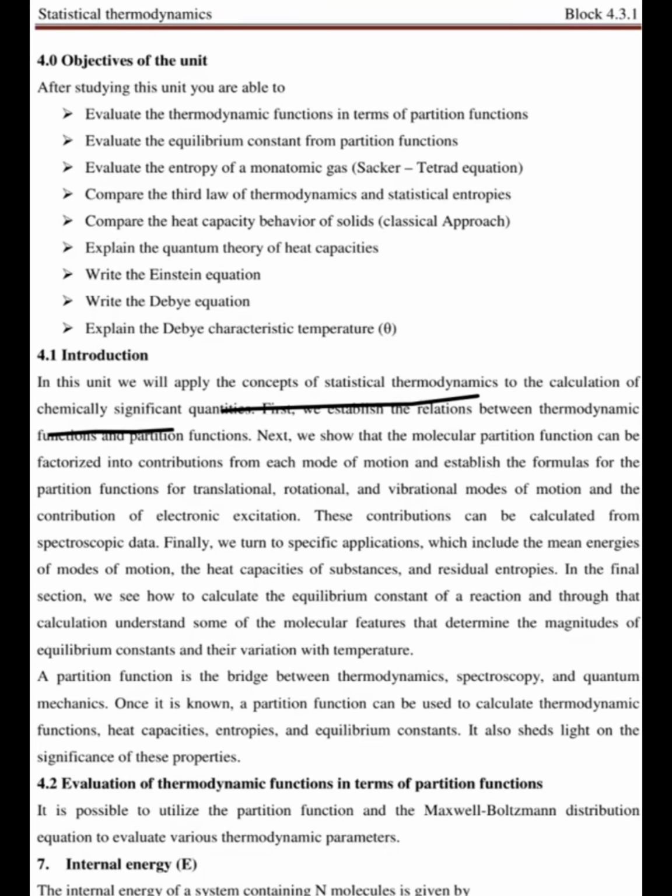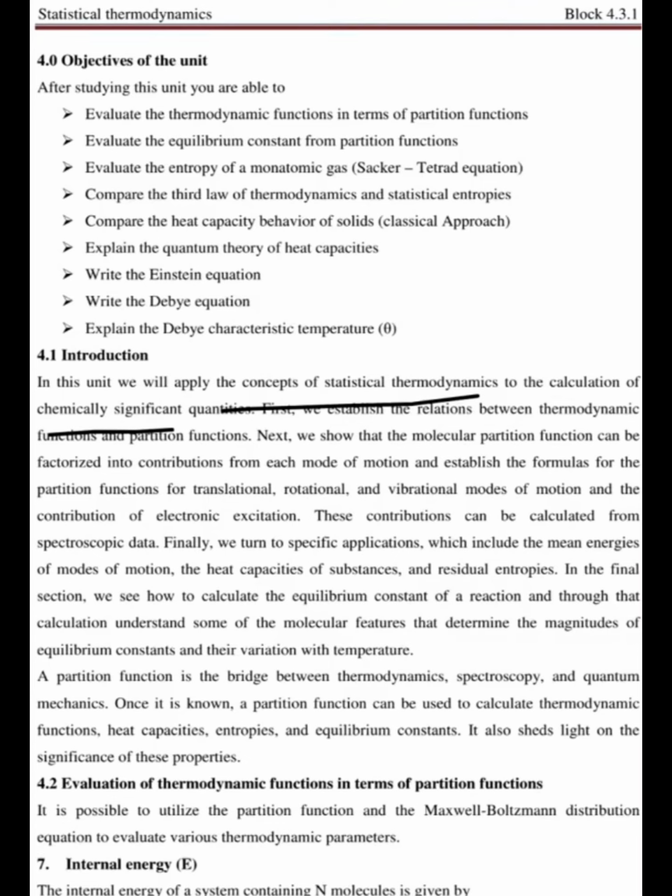For different reactions, the equilibrium constant will be different. Through this calculation, we understand some of the molecules and their features, and also we can determine the magnitude of that equilibrium constant, which can vary with the temperature also.